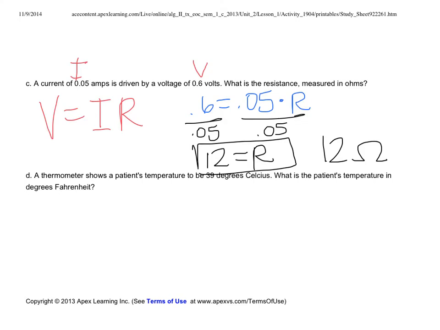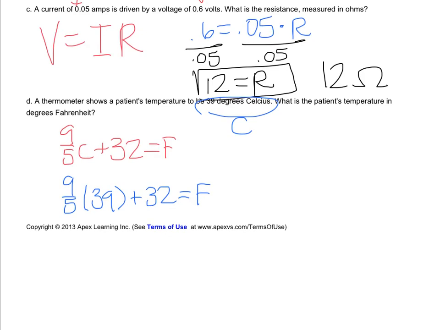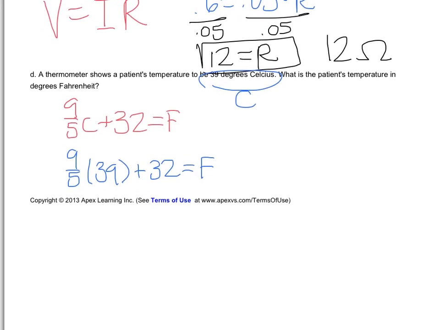Well, our formula that relates Fahrenheit to Celsius is 9/5 C plus 32 equals F. And we're given the temperature in degrees Celsius, so that's going to be C. So that's 9/5 times 39 plus 32 equals F. And we can actually just plug that in the calculator. 9/5 times 39 plus 32 is going to give us a grand total of 102.2 degrees. And it is measured in Fahrenheit.